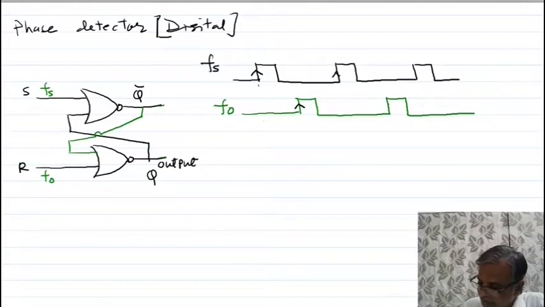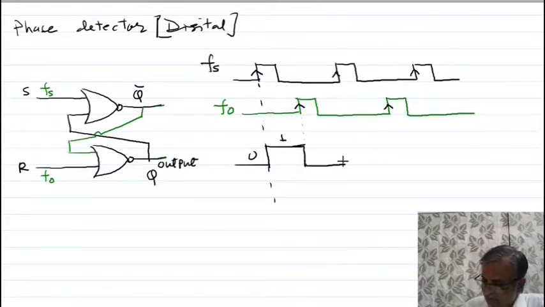This is the leading edge. Here I am showing the output. The output changes state and remains in this state up to the leading edge of Fo.